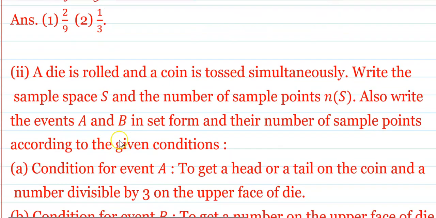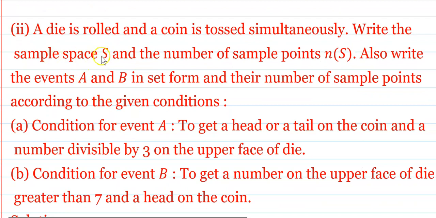Okay. Next question. A die is rolled and a coin is tossed simultaneously. Write the sample space and the number of sample points N of S. Also write the events A and B in set form and their number of sample points according to the given conditions. What is the first condition?